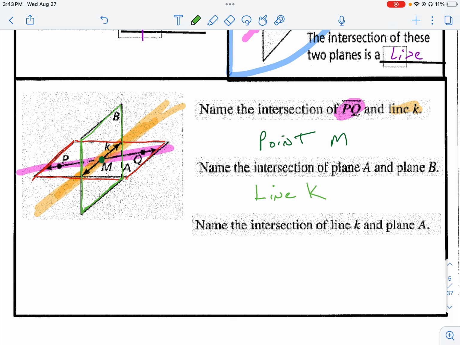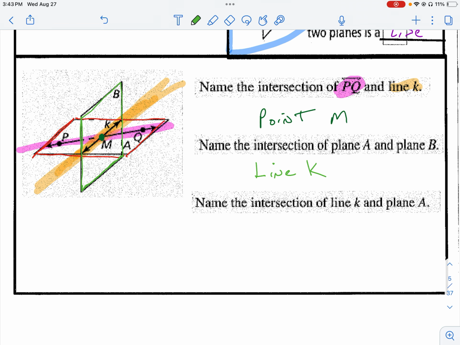So I wish I could sit there and ask you what answer you got for the intersection of line K and plane A, but let's think about it. If this is plane A, and I draw this line, which is line K, every single point on line K is on my piece of paper.